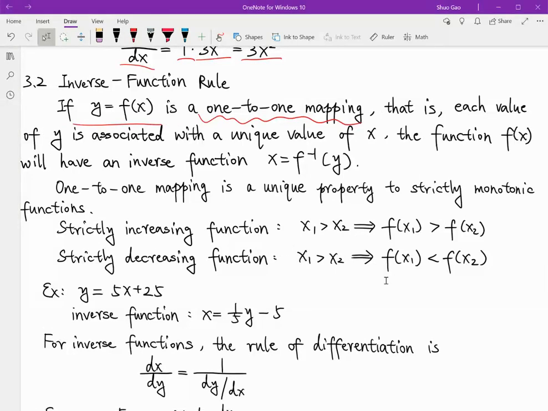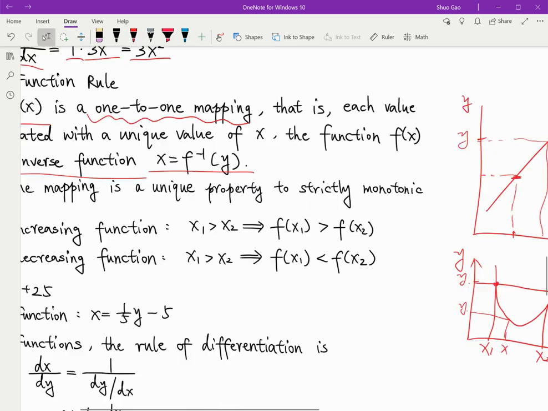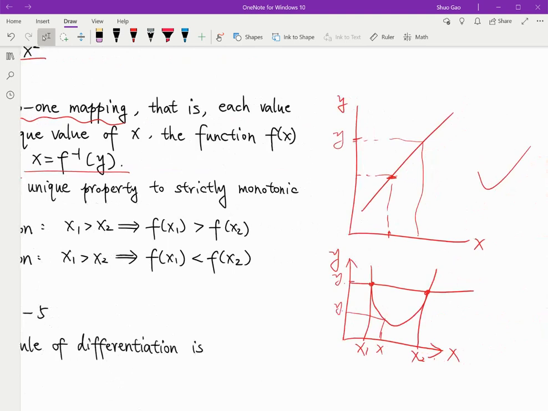If the function is a one-to-one mapping, then the function has an inverse function, which we write as x equals f inverse of y. Here, in this example, x is the independent variable, and y is the dependent variable.